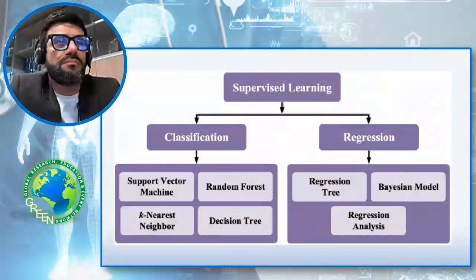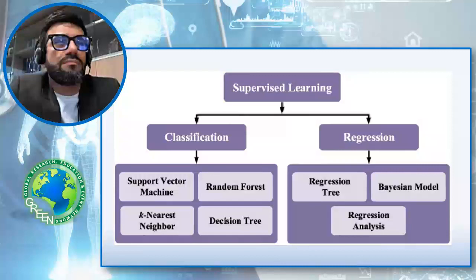The k nearest neighbor is a non-parametric method that classifies a data point based on the majority of classes among its nearest neighbors. And the fourth one is the decision tree. It is a tree-like model where each internal node represents a test on an attribute, each branch represents an outcome of the test, and each leaf node represents a class label.